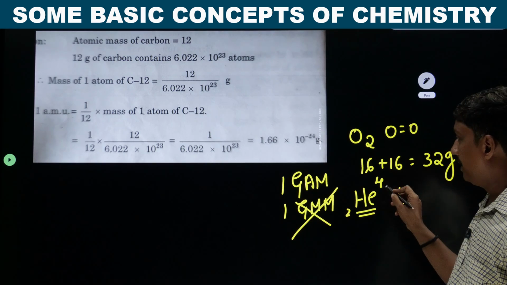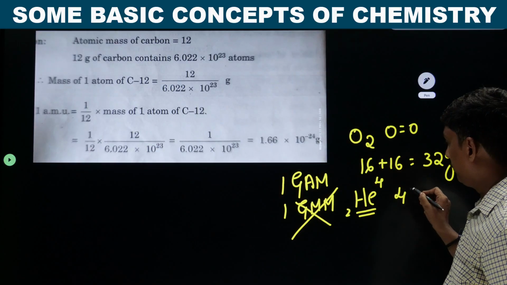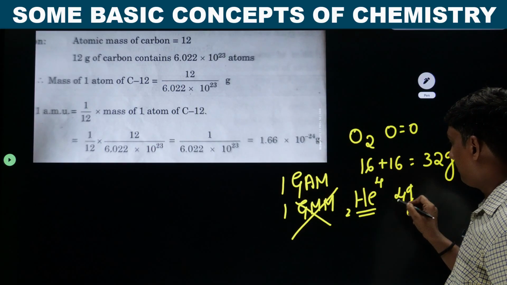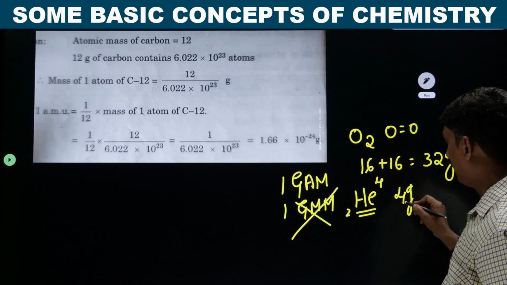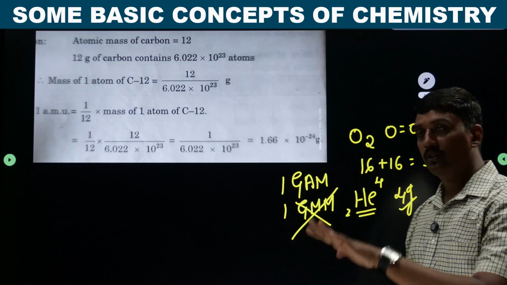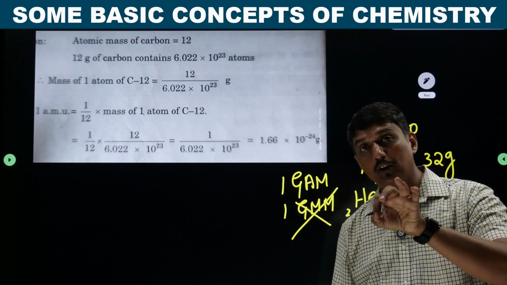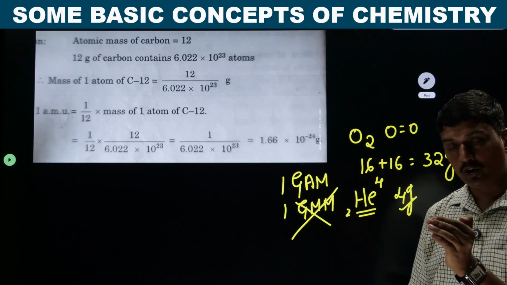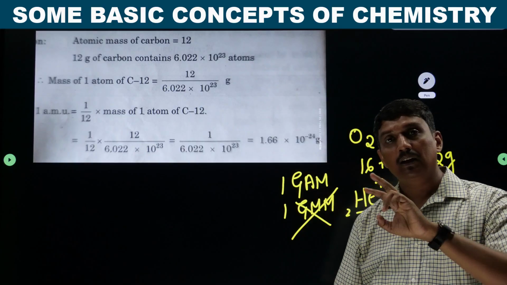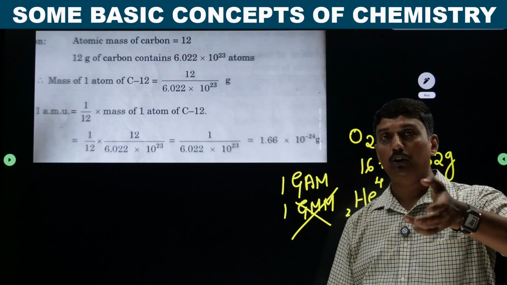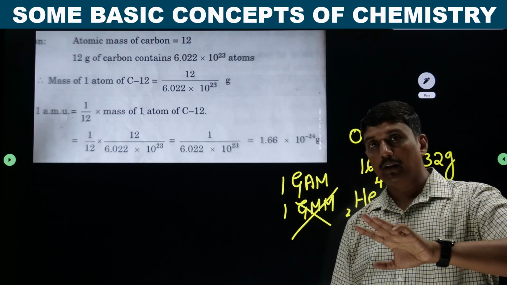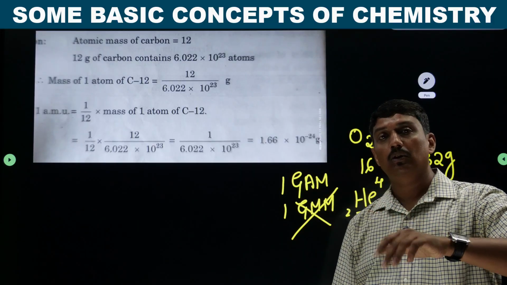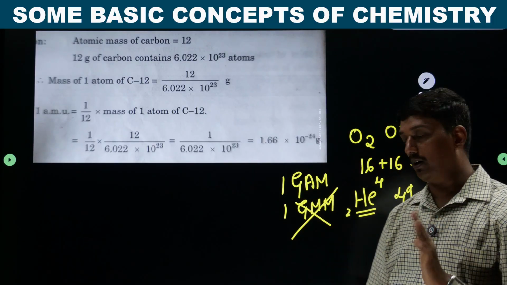So what is the atomic mass? 4. We represent it in grams. That is a gram atomic mass, 4 grams. So this is the meaning of gram atomic mass and gram molecular mass. If it is a molecule, we express it in terms of gram molecular mass. If it is an atom, we express it in terms of gram atomic mass.